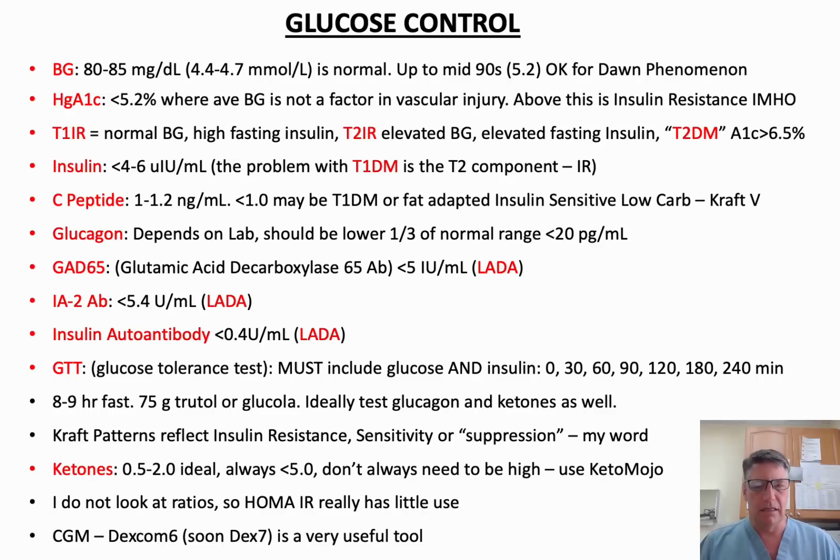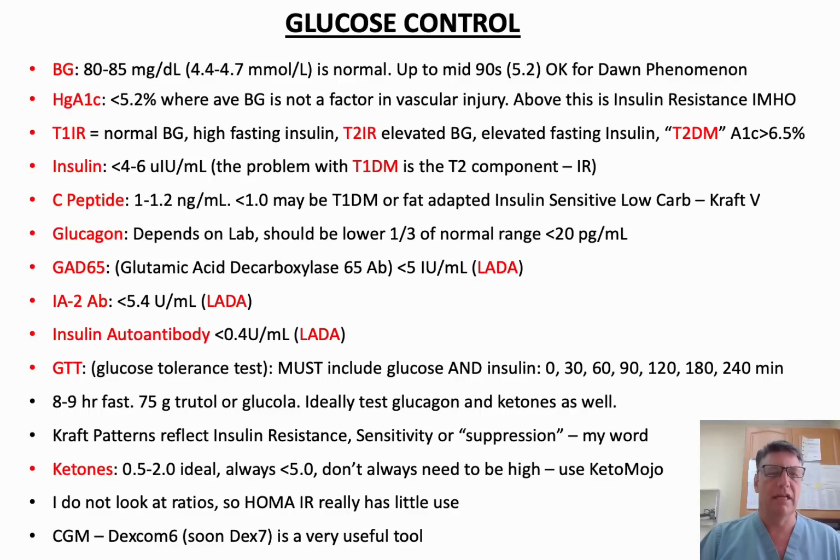Now, a normal fasted insulin for me is somewhere around 4 international units, maybe 4 to 6. And in fact, the problem with type 1 diabetics who cannot produce insulin, so this is at a very low number, but the problem with type 1s is not their insulin. It's the type 2 component, the insulin resistance, because they're eating a lot of carbohydrates.